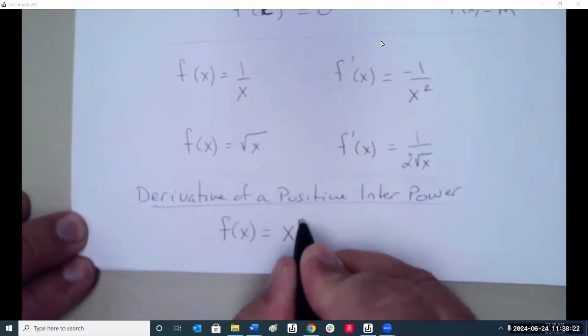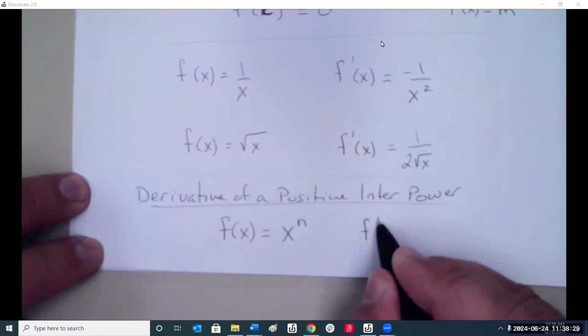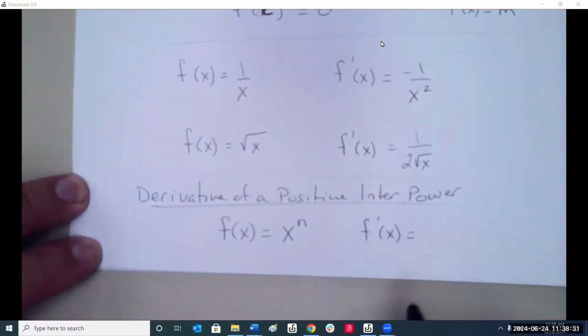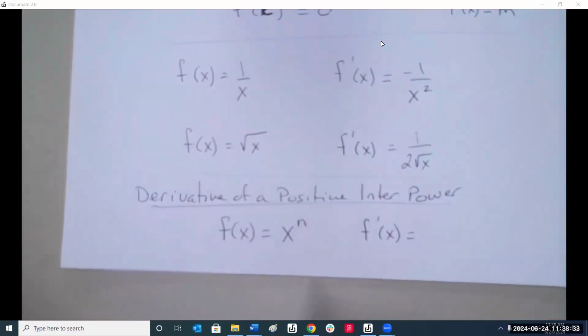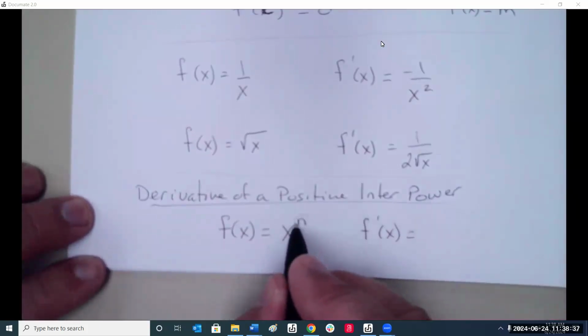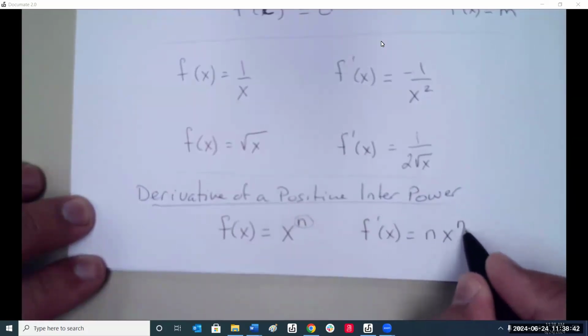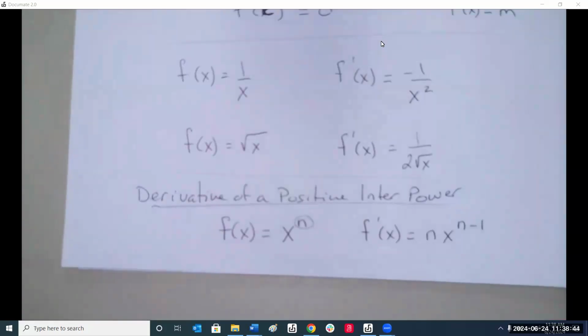So x to the power n. The derivative of the power function: bring the power down and subtract 1 from the exponent.